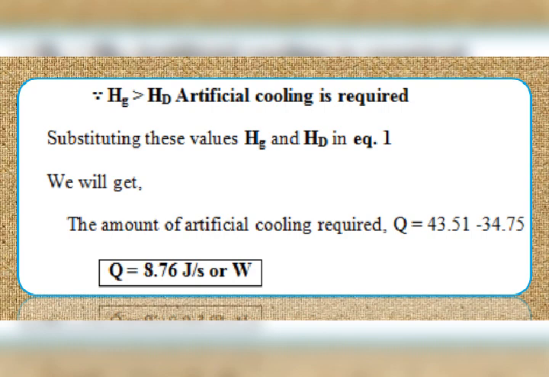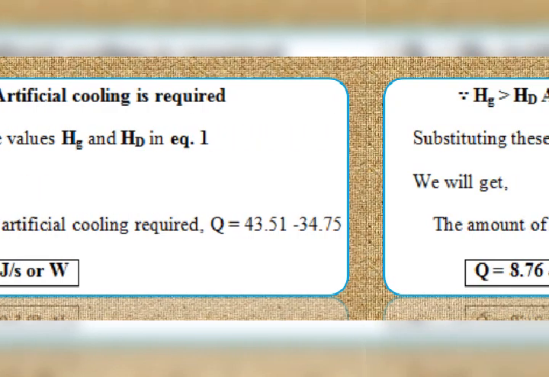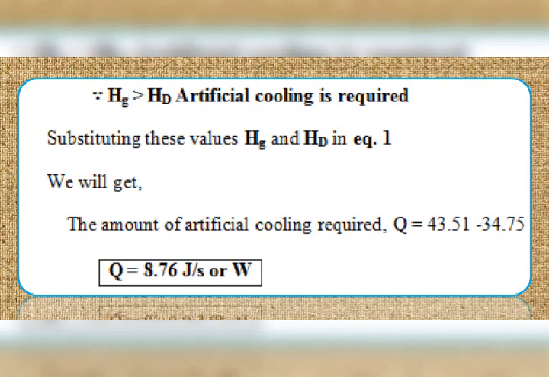After getting the values of heat generated and heat dissipated, we must check whether artificial cooling is required. That is by the condition, simply by comparing. Since here heat generated is more than the heat dissipated, it means the heat generated inside the journal bearing is more and the dissipating rate is less. It indicates that artificial cooling is required.